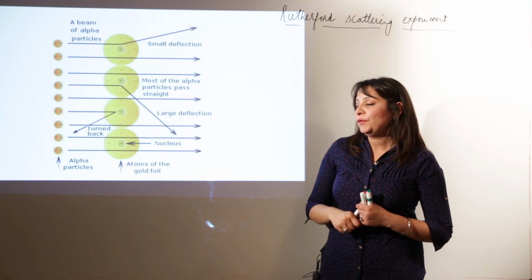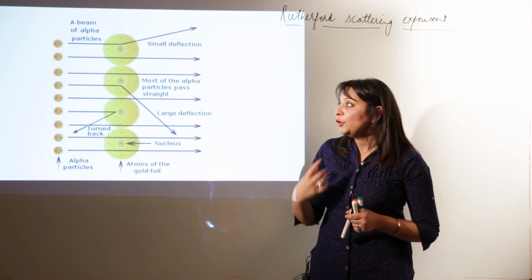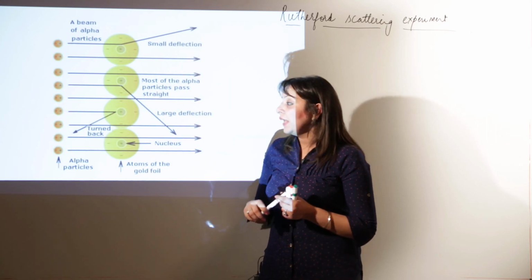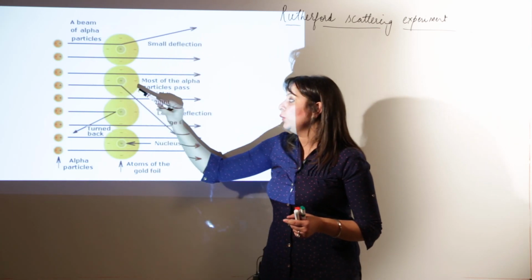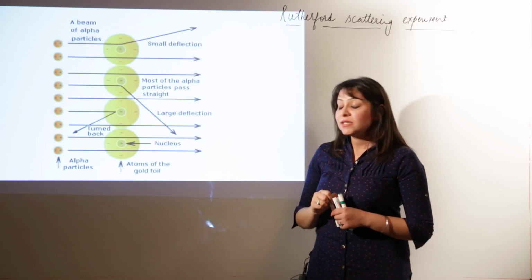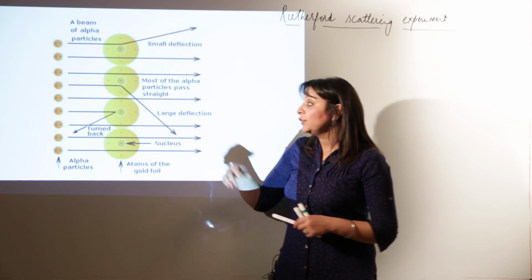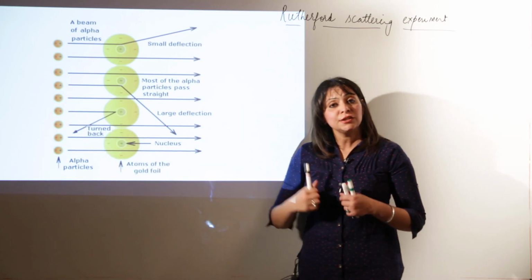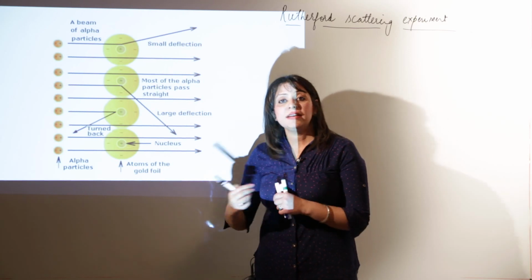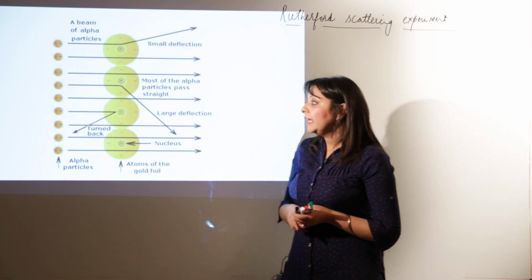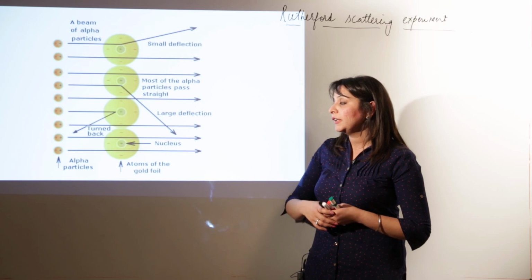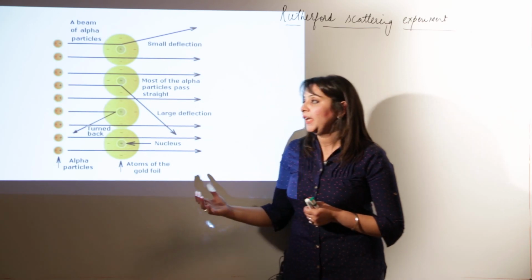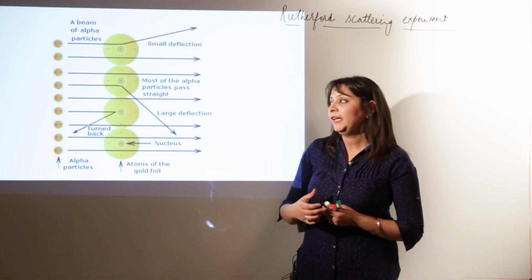The other observation was that a few rays suffered small deflection, and a few rays encountered large deflections. You'll be surprised to know that a few rays retrace their path; they turn back, they undergo such a strong deflection. After performing the experiment and seeing the observations, Rutherford concluded the following facts.